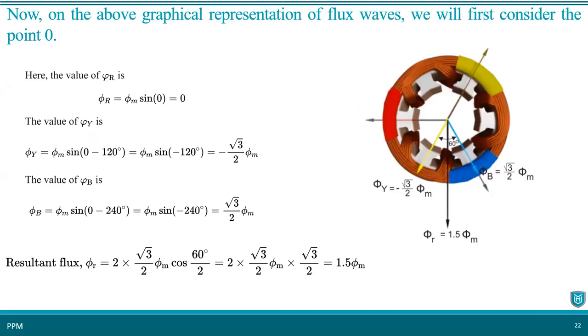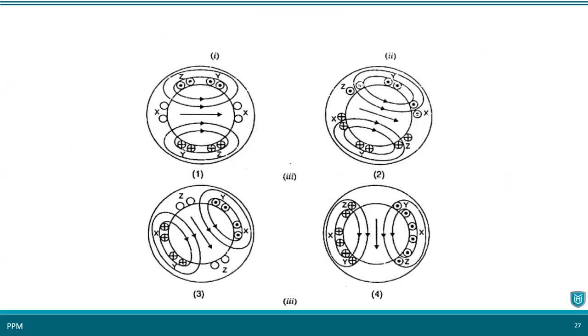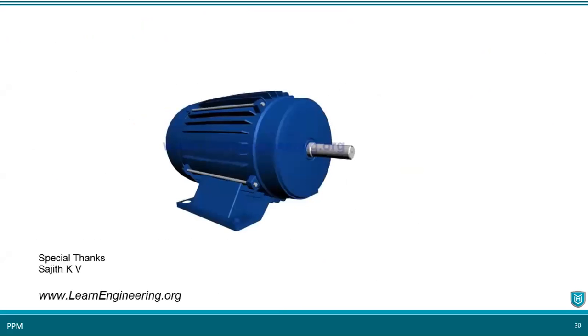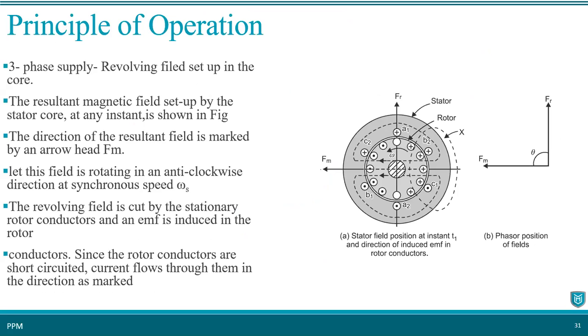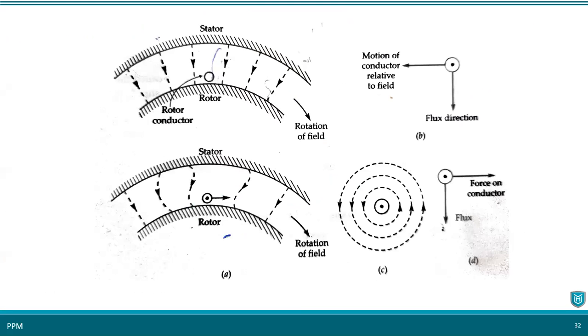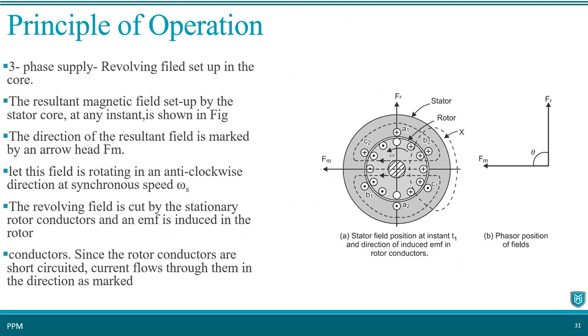So if you remember, we discussed all these things, the rotating magnetic field. On this topic we had a discussion about the starting of induction motor. I'm giving you a brief of it. How does it work? When the supply is given to the stator, it produces the rotating magnetic field.